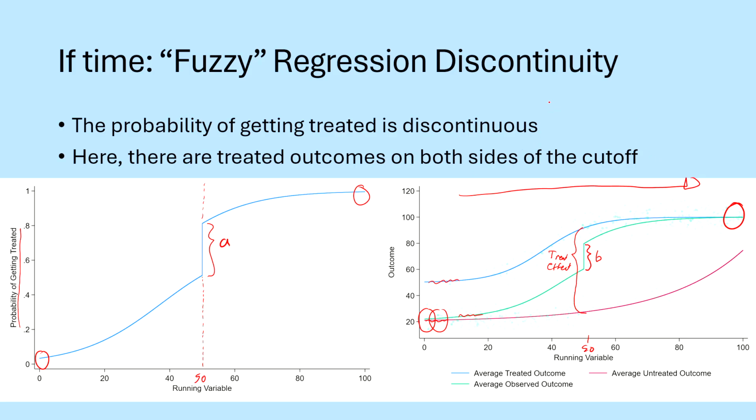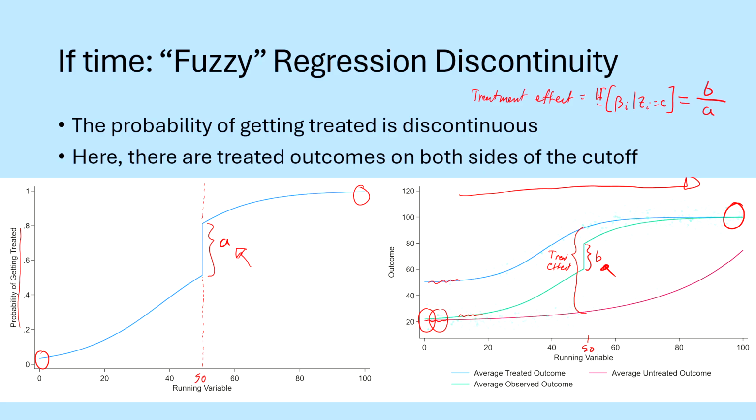The regression discontinuity method tells us that the treatment effect, which we can write as the expectation of beta I, where the running variable is equal to C, is equal to the difference in the outcomes divided by the difference in the probability. So it's this B that we've identified, and it is then divided by this A that we have identified.